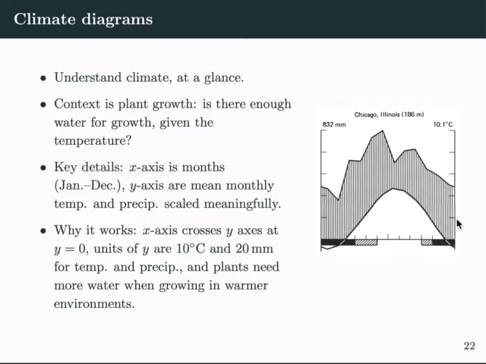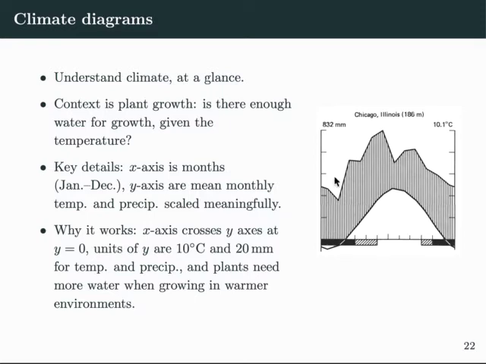On the left side, we have 40 millimeters of precipitation in a month, mirrored by 20 degrees Celsius in temperature. As long as we have this scaling, 20 millimeters, 40 millimeters, 60 millimeters, paired with 10 degrees, 20 degrees, 30 degrees Celsius, the lines reflect the relative water availability for plants.